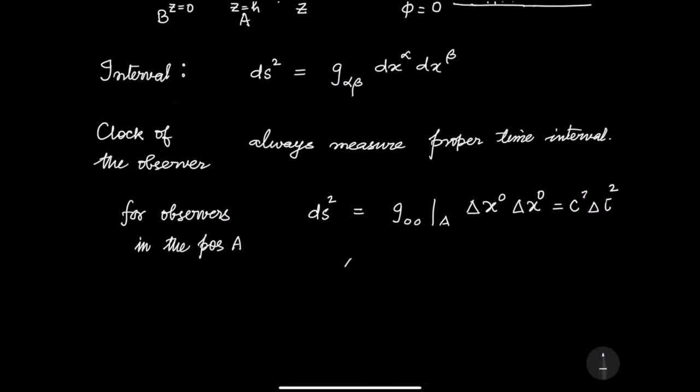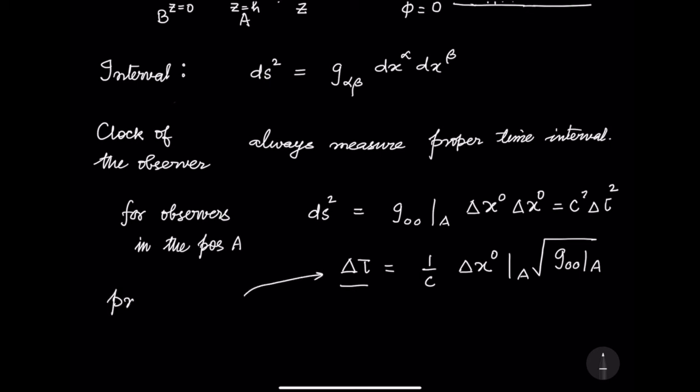Which means I can measure delta tau as 1 by c times the small time period, and I don't need to write an integral here, measured at A, and root over g00 at A. So this is the difference between the two consecutive ticks, or I can say the proper time period of the clock.